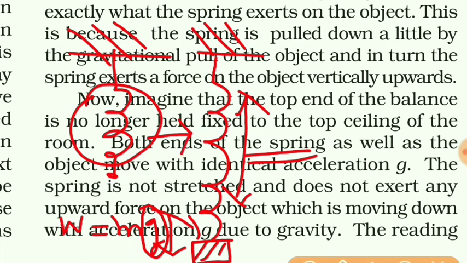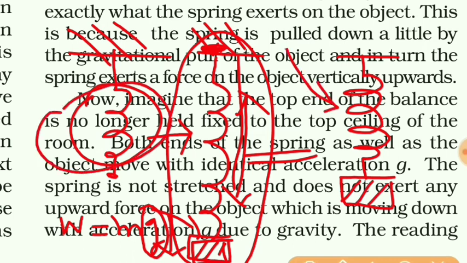But students, suppose you release this spring, the mass is already suspended to it, and if you just release the spring, then what will happen? This spring with this object will be in a free fall condition when you release it. So in that case, once again, what will happen?